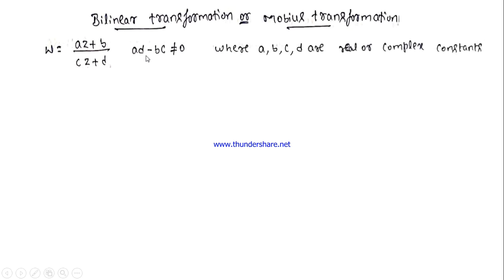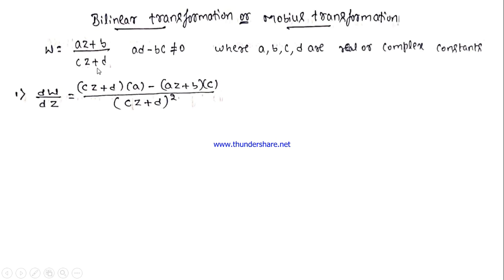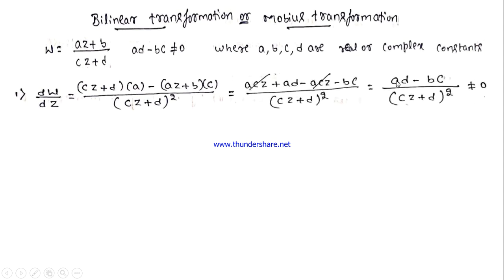Now, this condition is taken to satisfy one more point. If you find dw by dz for this function, it will be the denominator into differentiation of the numerator minus numerator into differentiation of the denominator, divided by the square of the denominator. On simplifying this, you will get (ad minus bc) by (cz plus d) whole square, which is not equal to 0 because the condition ad minus bc not equal to 0 is satisfied here.